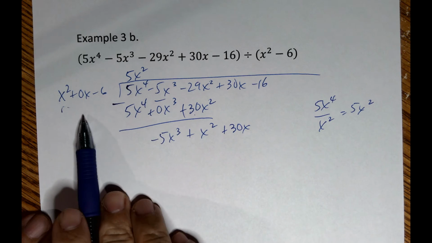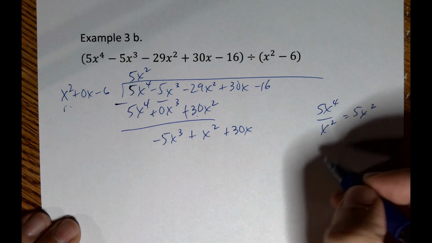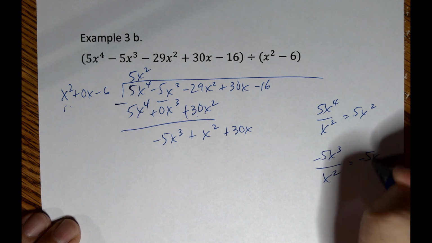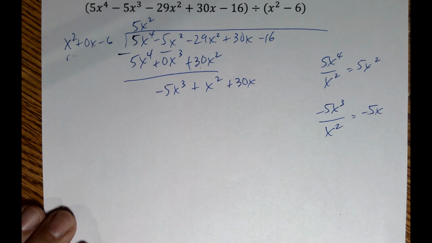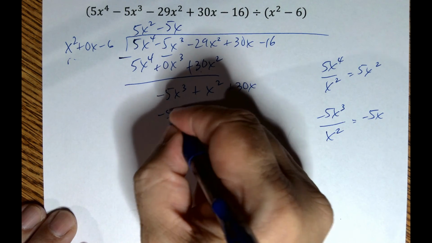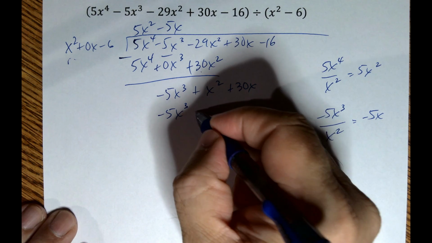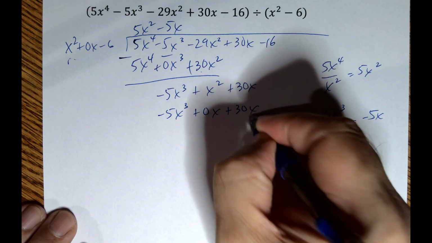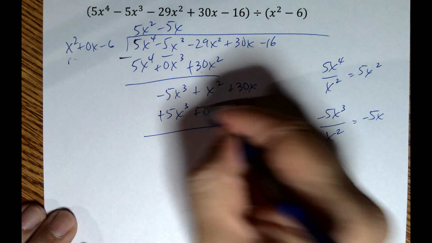All right, so now it's negative 5x cubed over x squared. That's going to be negative 5x. Okay, so that's minus 5x. Multiply, so it's minus 5x cubed plus 0x plus 30x. Change signs.